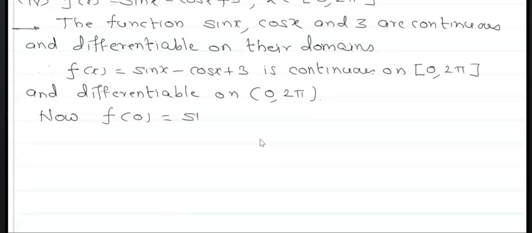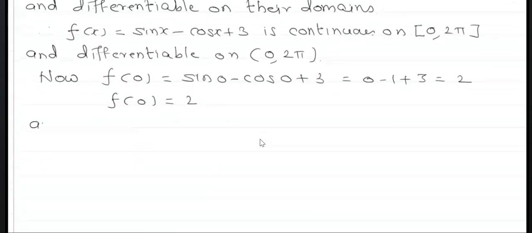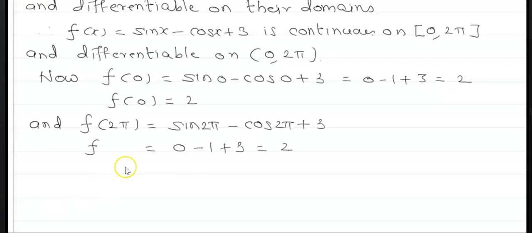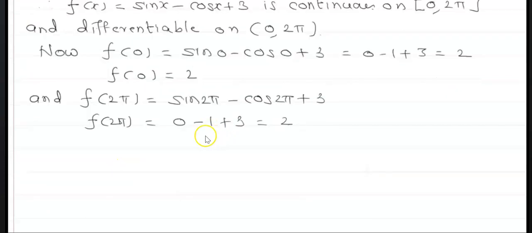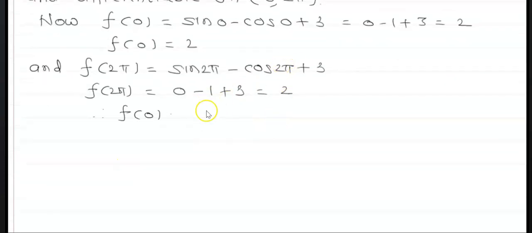Therefore, their values: f of 0 is sin 0 minus cos 0 plus 3. Sin 0 is 0, cos 0 is 1, and overall f of 0 is 2. f of 2 pi: sin of 2 pi is 0, cos of 2 pi is 1, and 3, overall f of 2 pi is 2.